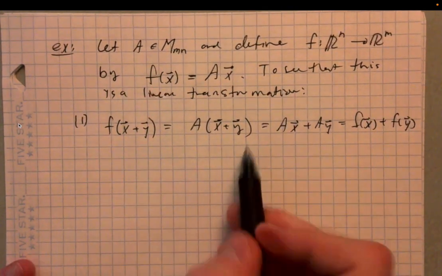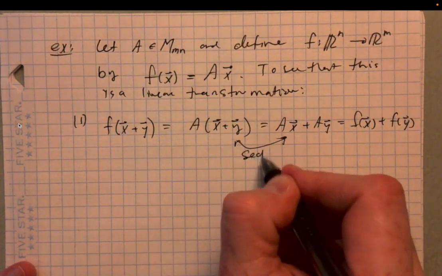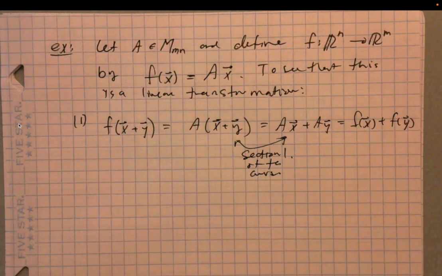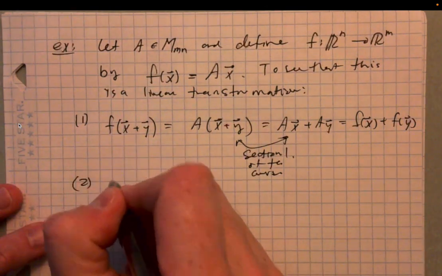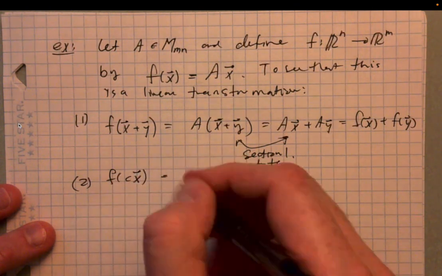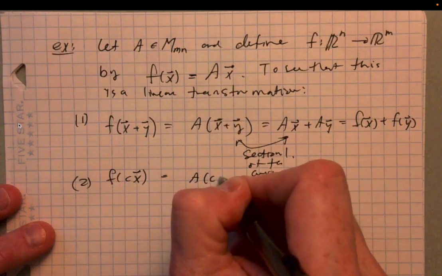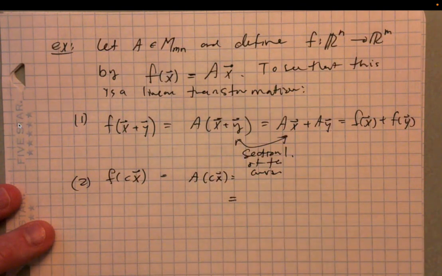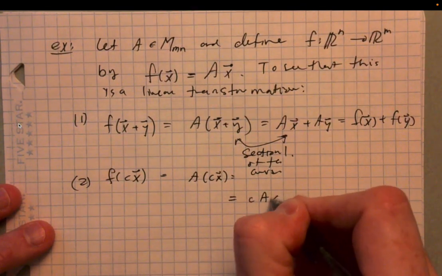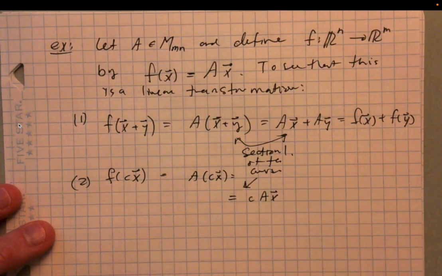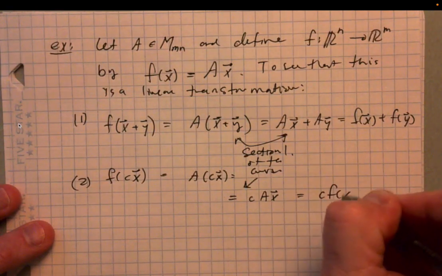This is section 1 of the course, where we learned about matrix multiplication. And obviously property 2 is the same idea: f of c times a vector x is equal to A times c times x, which is equal to c times A of x. Again, this is section 1 stuff. And so we can see that that's c times f applied to x.